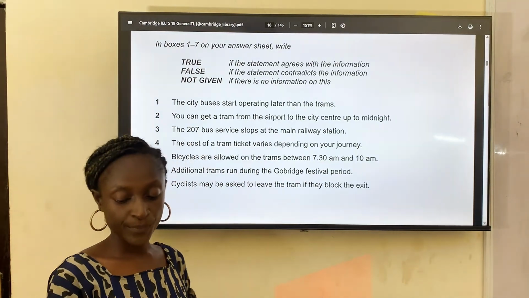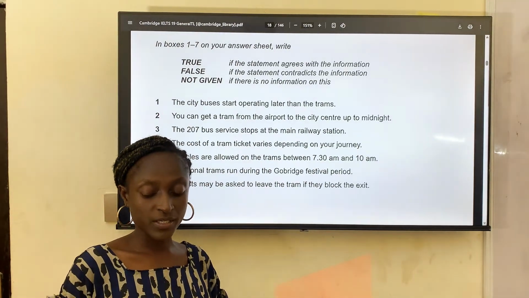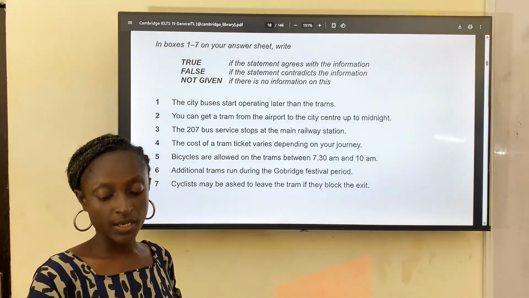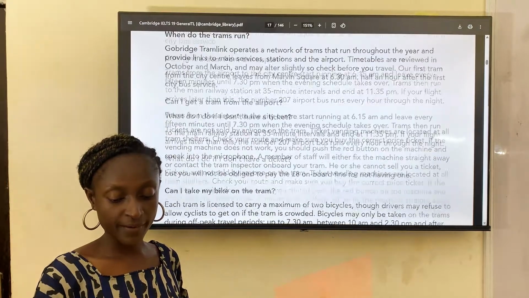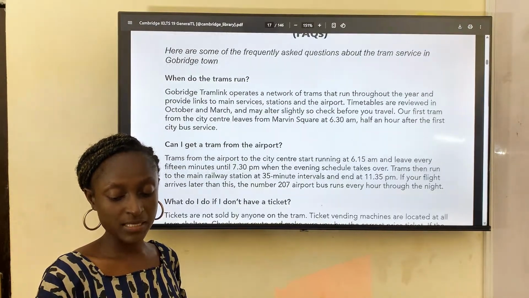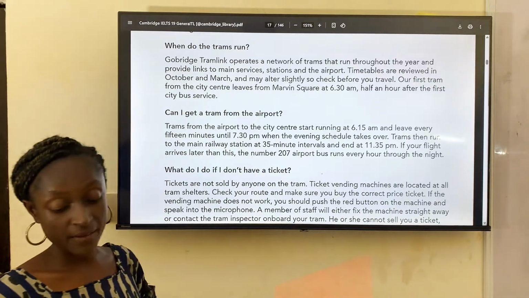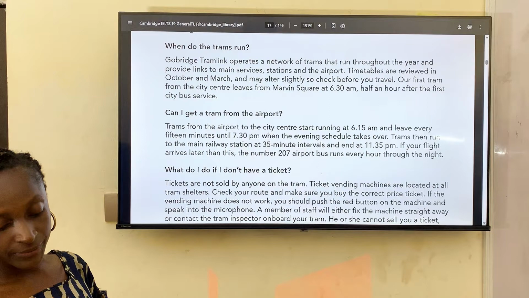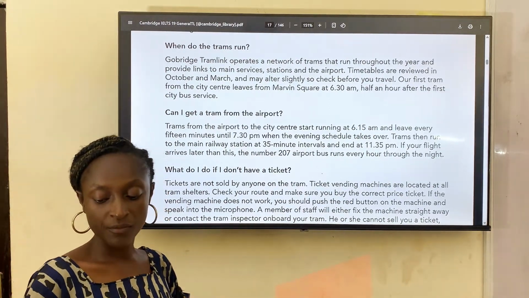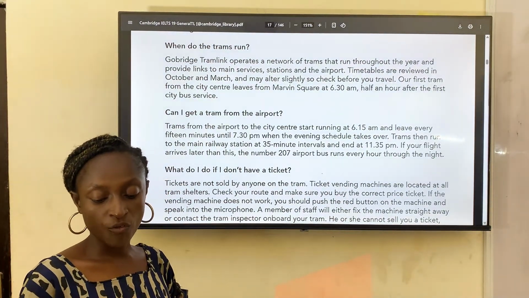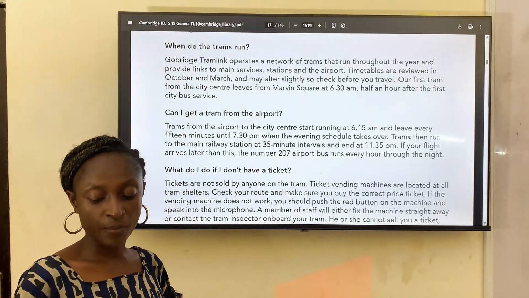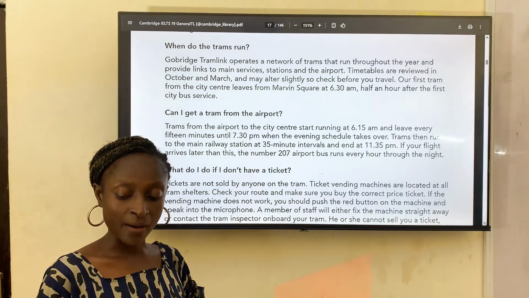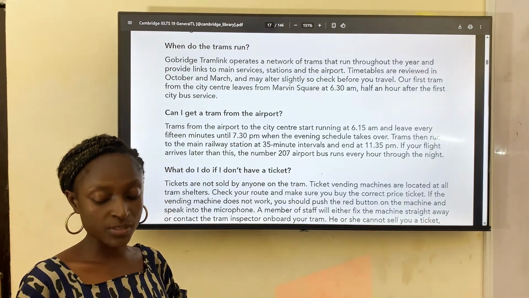So now, remember the keyword is operating later. That means at a later time than the trams. That is found in the first paragraph, the last sentence. So the first paragraph says, when do the trams run? Now, the last sentence, we have: our first tram from the city center leaves from Marvin Square at 6:30 a.m., half an hour after the first city bus service.